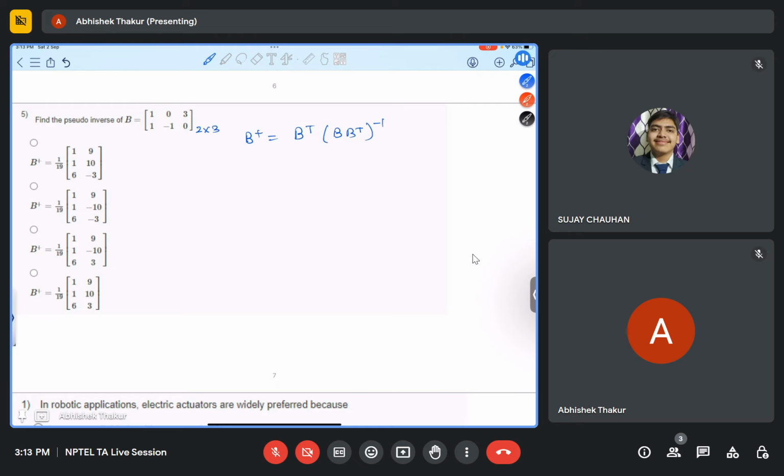So here we have to write. First we'll find B B transpose. B is equal to 1 1 0 minus 1 3 0 and B transpose is 1 1 0 minus 1 3 0. When you multiply this, you will get 10 0 1 2.